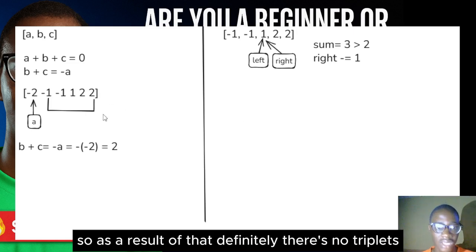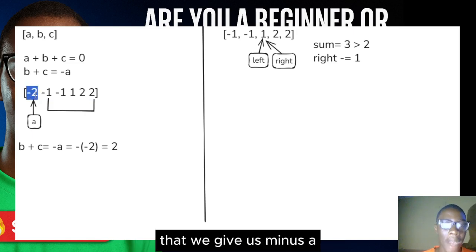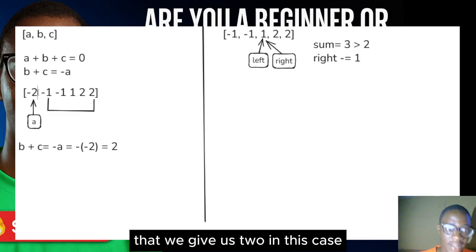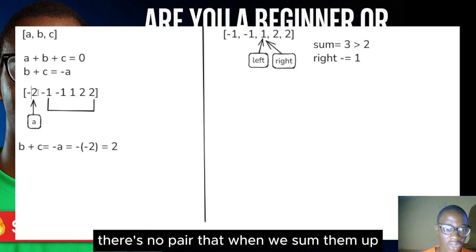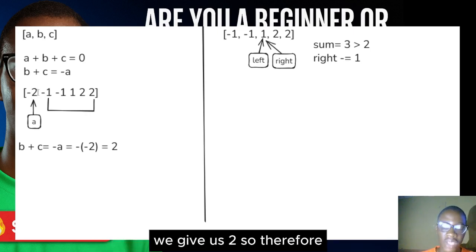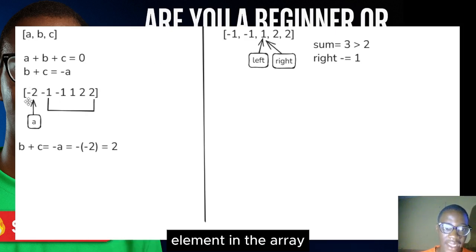So as a result, there is no pair in the array that will give us -a, that will give us 2 in this case, because -a is -2. So meaning that there's no pair that when we sum them up will give us 2. Therefore what we do is that we move to the next element in the array.